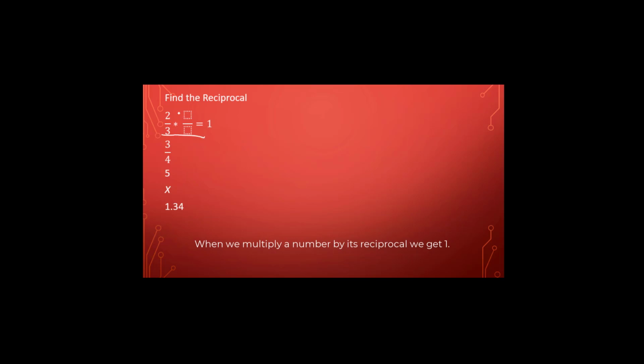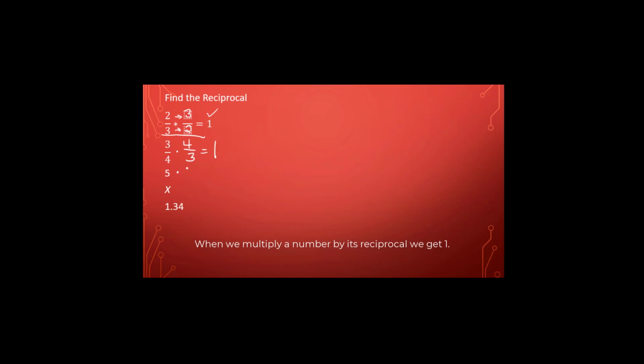I'm going to multiply 2/3 by a number so that the product will be 1. Product meaning the answer, right? Hopefully you see that that's just going to be 3 over 2. Multiplying straight across, I get 6 over 6. The reciprocal of 3/4 is 4/3. You multiply them straight across, you get 1.